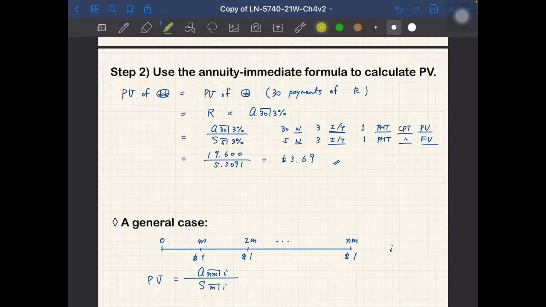So this is a generalization of step 2 in the example. This is the formula for the general case.